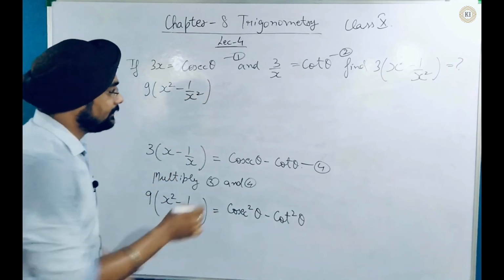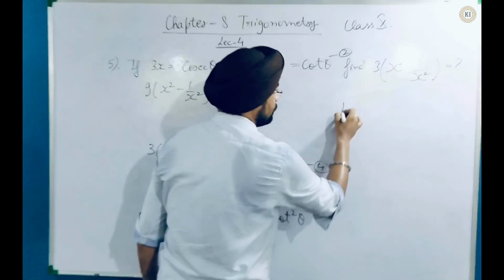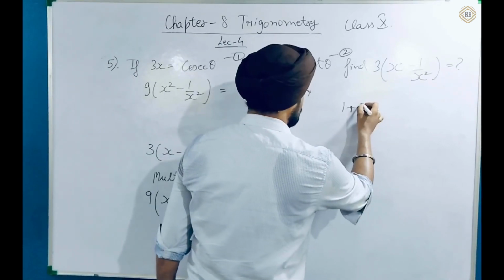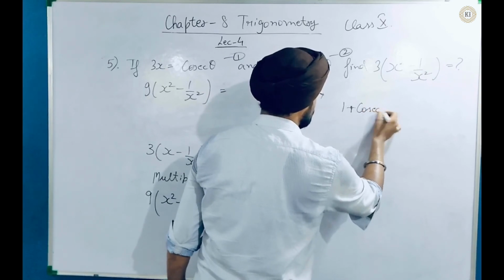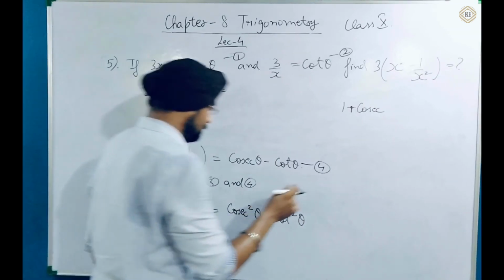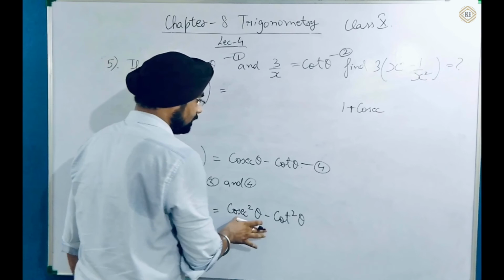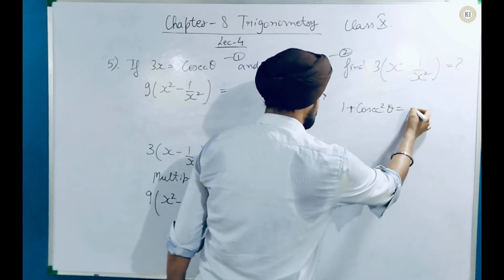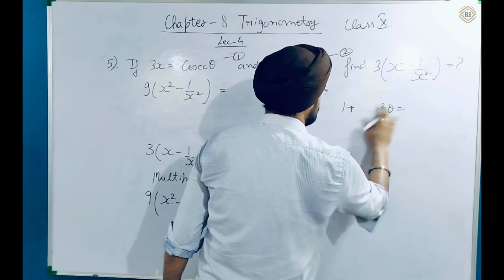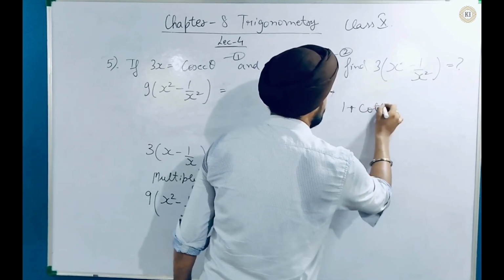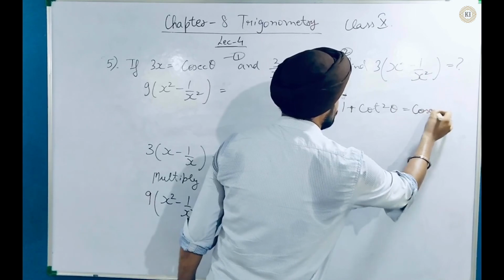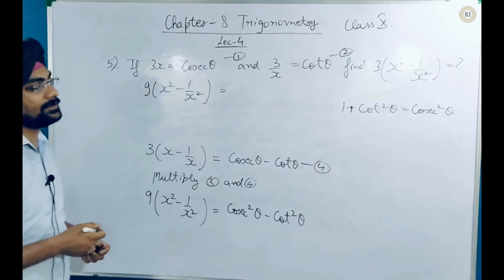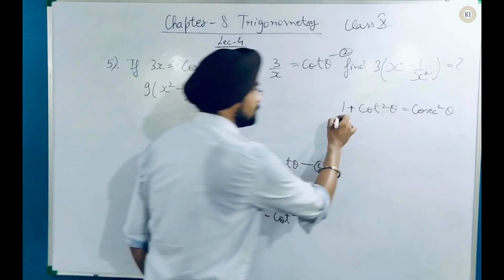The identity we know is 1 plus cot square theta is equal to cosec square theta.